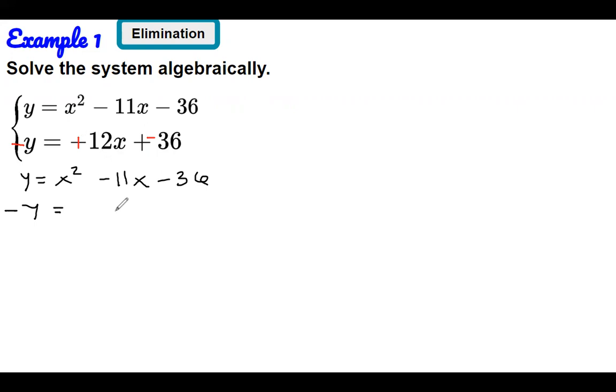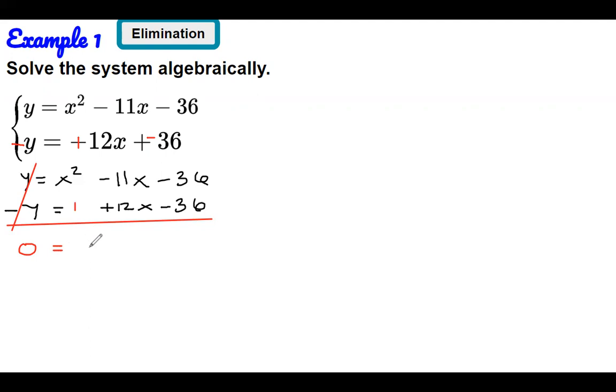I'm going to write the next term right underneath the like term, because I'm going to combine like terms. I'm going to combine one of the equations with the other. So we have y and negative y. It's going to go to 0. So I'm going to write 0 equals.